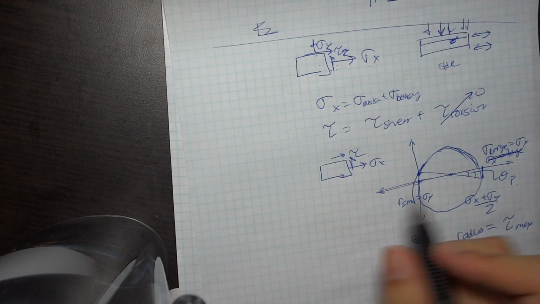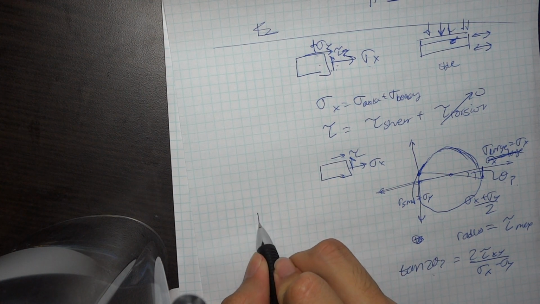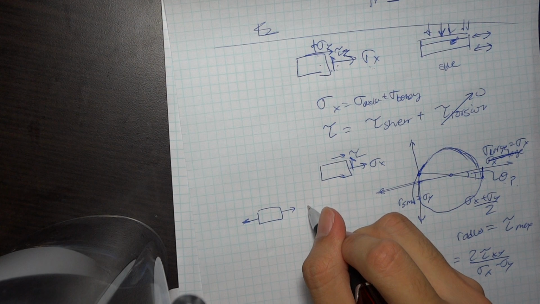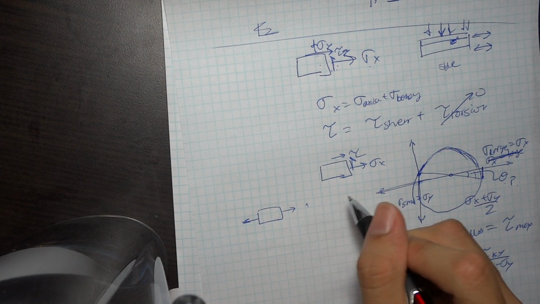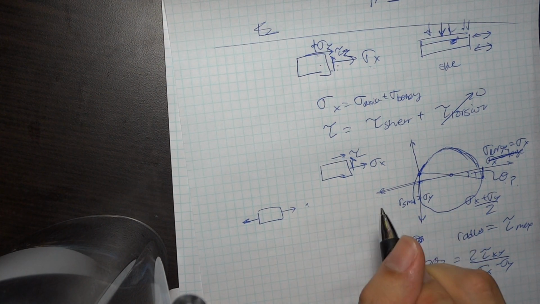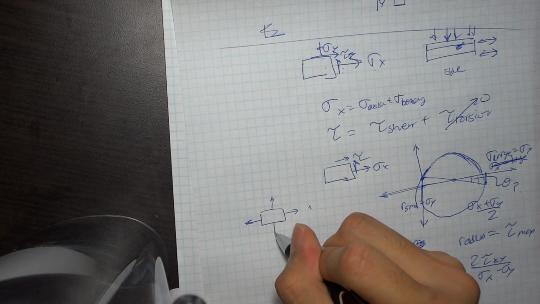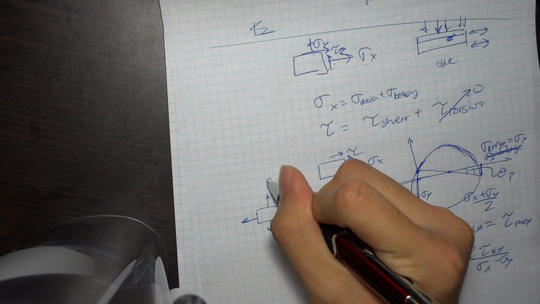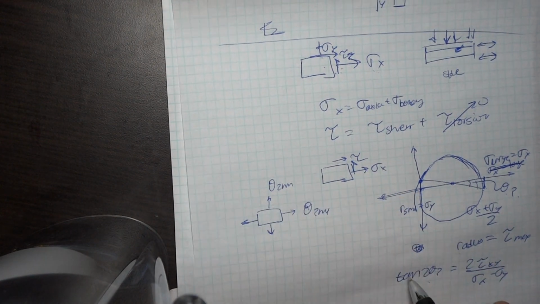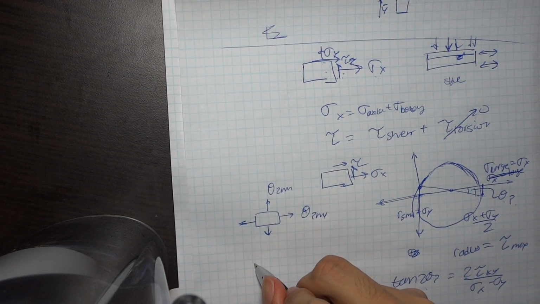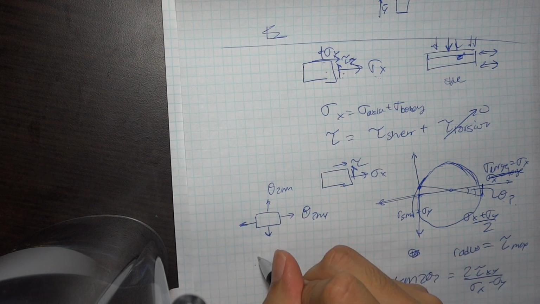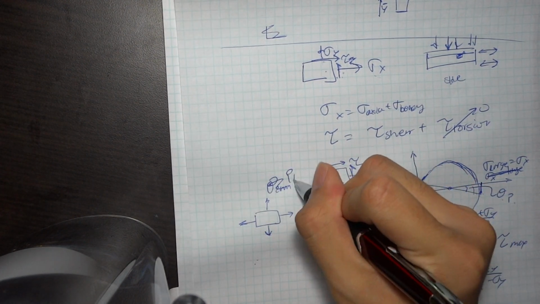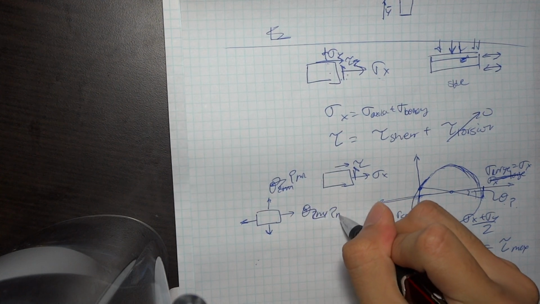So for example, let's say we had one block that was the principal axis and it was flat like this, and these were your principal stresses. This is P min, P max.